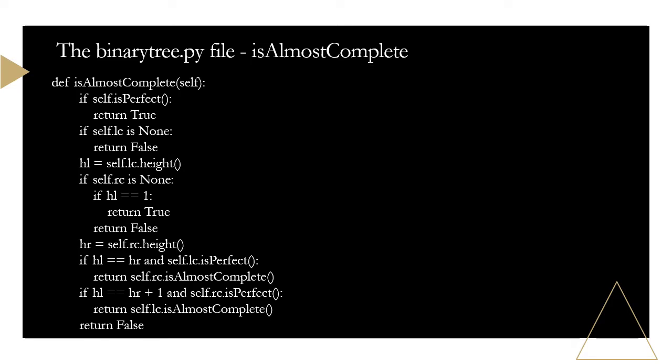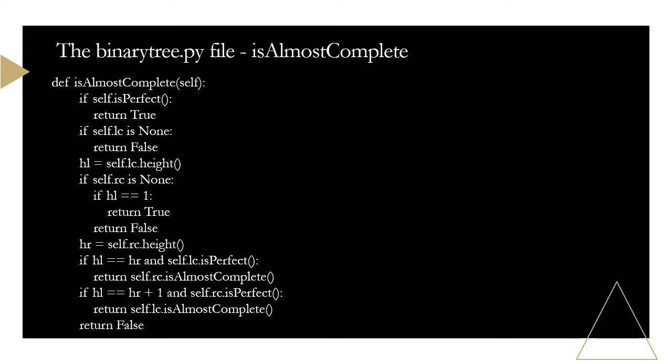If the height of the left subtree is greater than the height of the right subtree by 1 and the right subtree is perfect, then everything depends on the left subtree. If the left subtree is almost complete, this tree is almost complete. If the last two if statements are not met, then clearly the given tree is not almost complete and we return false.